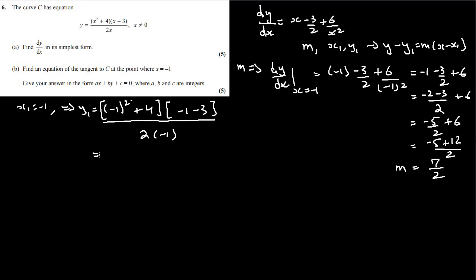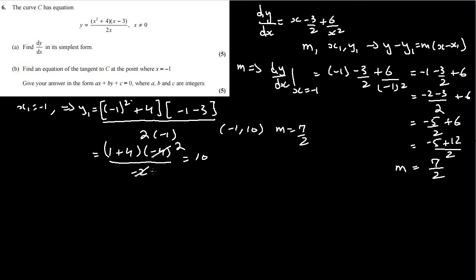Let's simplify this. Minus 1 squared is 1 plus 4, and minus 1 minus 3 is minus 4, and 2 into minus 1 is minus 2. So this minus 2 can go with this minus 4, you get 2, and then 4 plus 1 is 5, so 5 times 2 is 10. So our coordinates are minus 1 comma 10, and our gradient m is equal to 7 over 2.